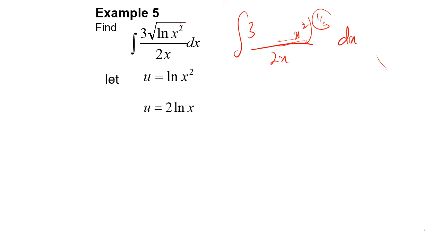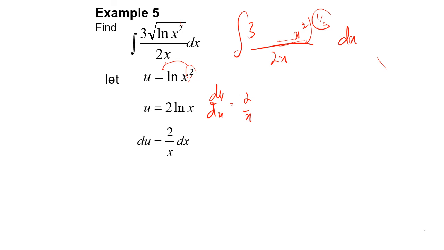So to differentiate, we need to find du dx, right? So we need to differentiate natural log of x squared. It's the same as, applying the law of logarithm, 2 natural log of x, which after we differentiate, we get du dx equal to 2 over x.